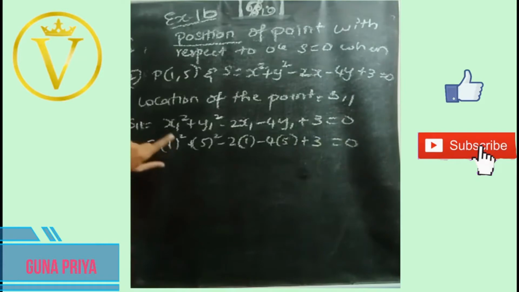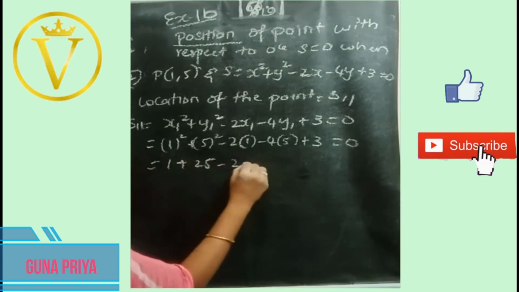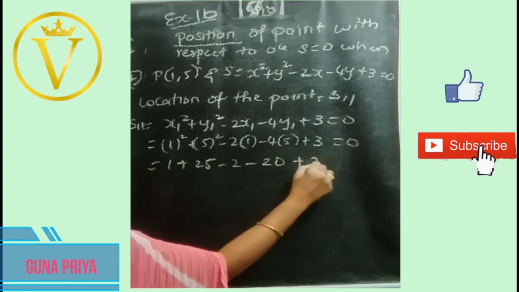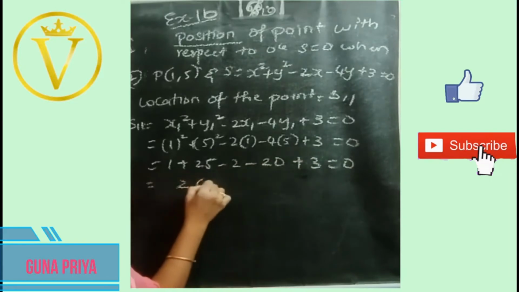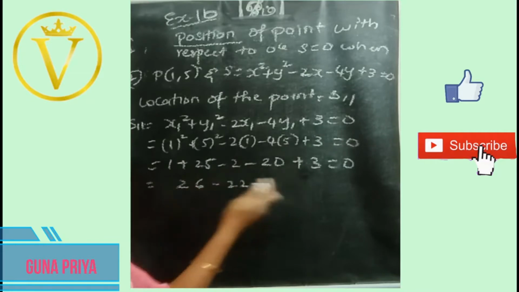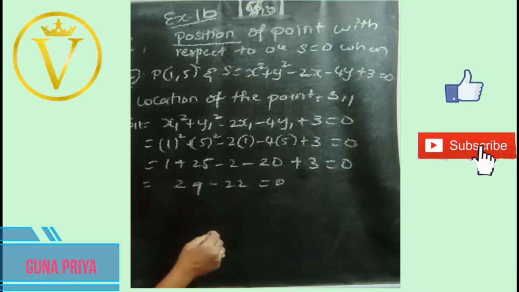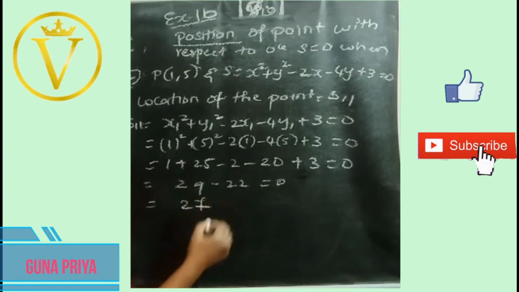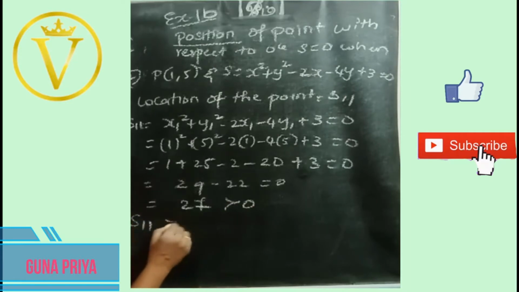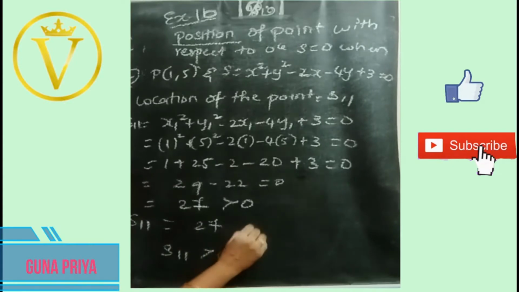Substitute the points, very simple: 1 plus 25 minus 2 minus 20 plus 3. 26 minus 22 plus 3, we get 27. So 27 is greater than 0, so S11 is greater than 0.